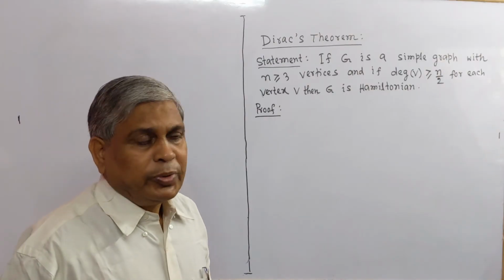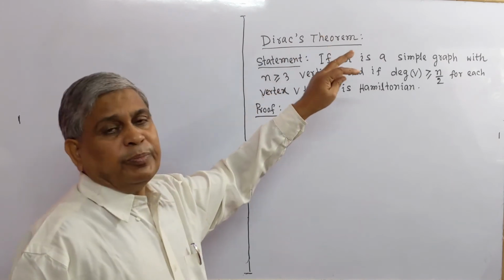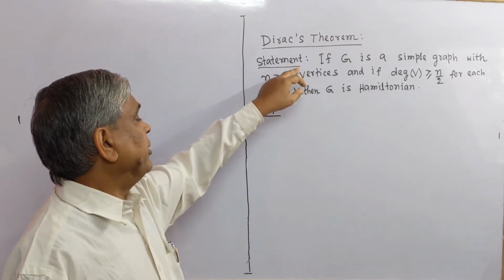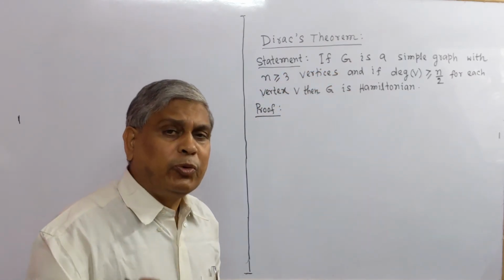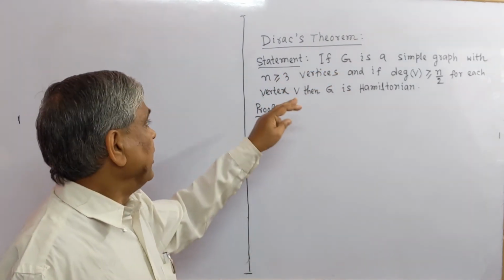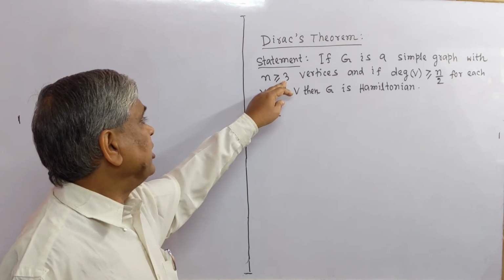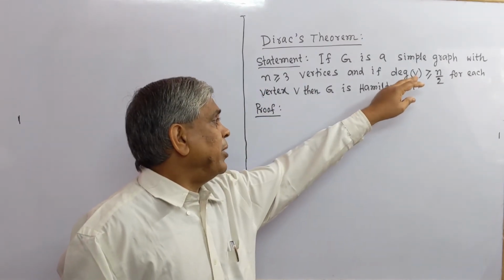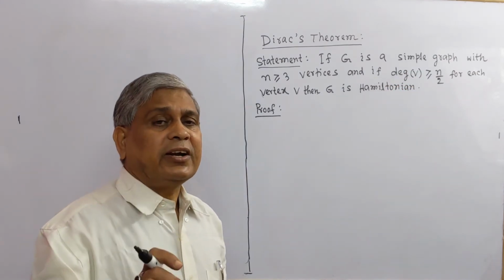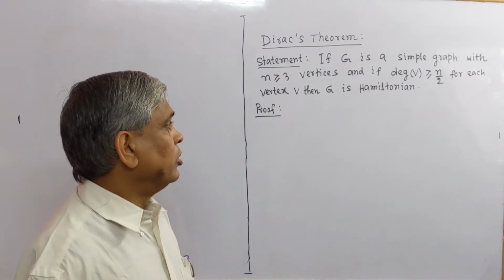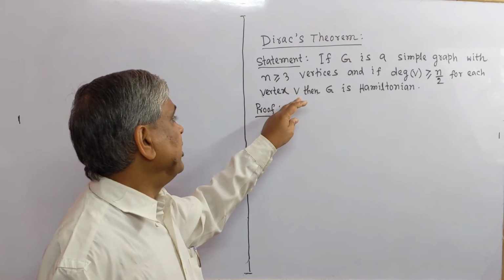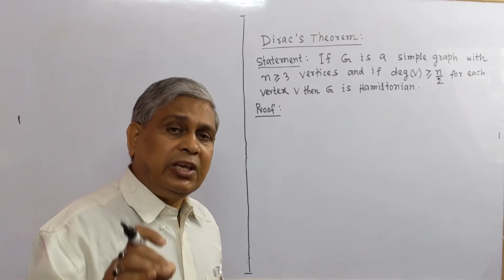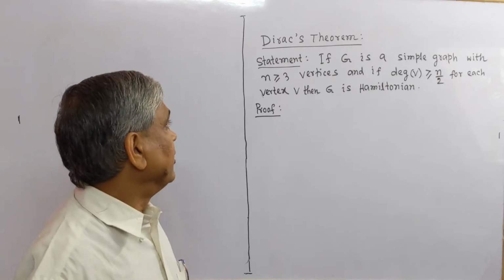Now we prove Dirac's theorem. Firstly, we state the Dirac's theorem statement. If G is a simple graph with n greater than or equal to 3 vertices, and if degree of vertex v is greater than or equal to n by 2 for each vertex v, then the graph G is Hamiltonian.